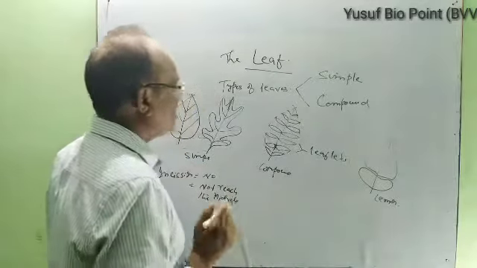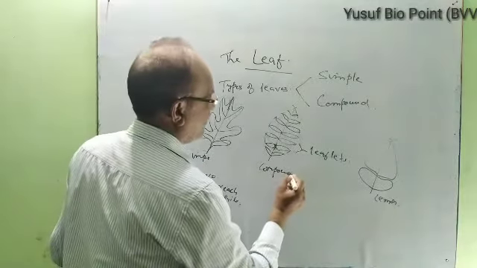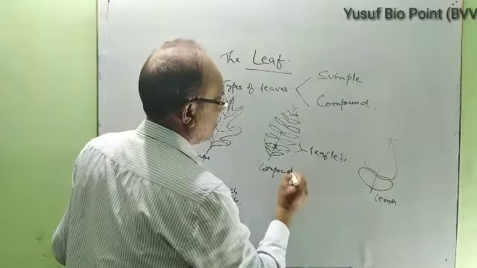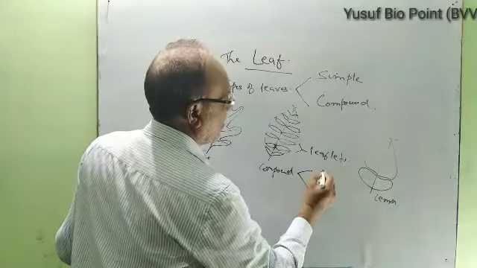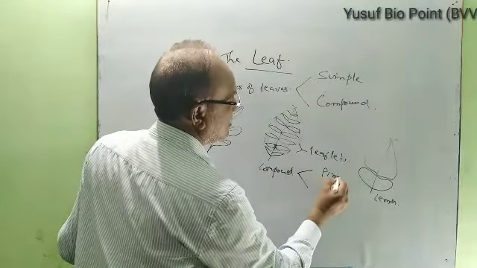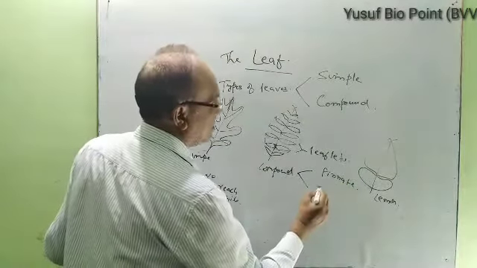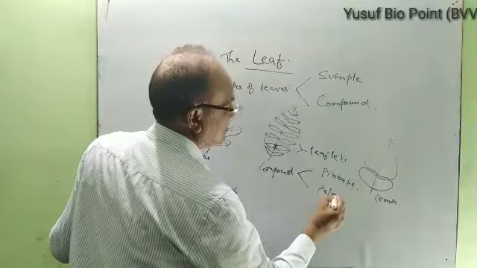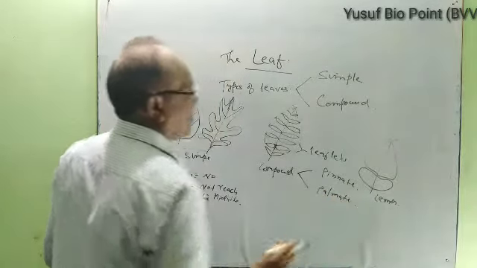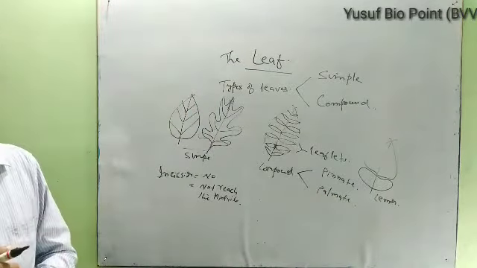Now the compound leaf is of two types. One is pinnate compound leaf, next one is palmate compound leaf.